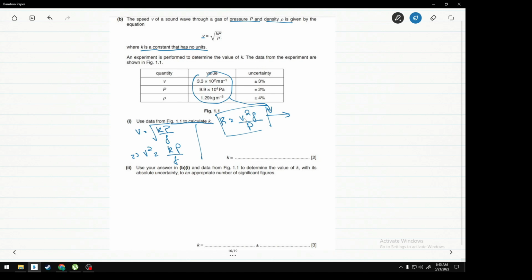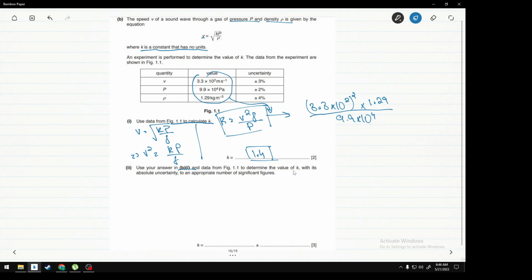These are all in standard units, so no need to convert them. Just plug them in here, and we get, okay, I'll just tell you what the equation is. 3.3 times 10 power 2, whole square. This is velocity multiplied by density, which is 1.29. All right. And 9.9 times 10 power 4 Pascal pressure. So the answer comes down to 1.4. K is 1.4.